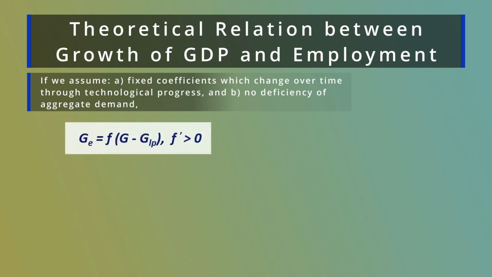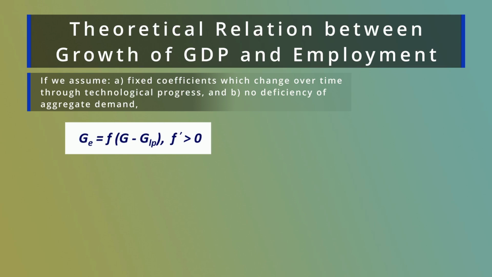That is, GE, the growth rate of employment, is a function of the difference G minus GLP.